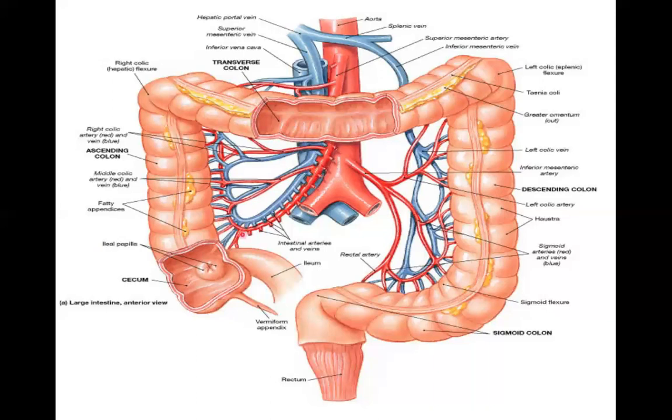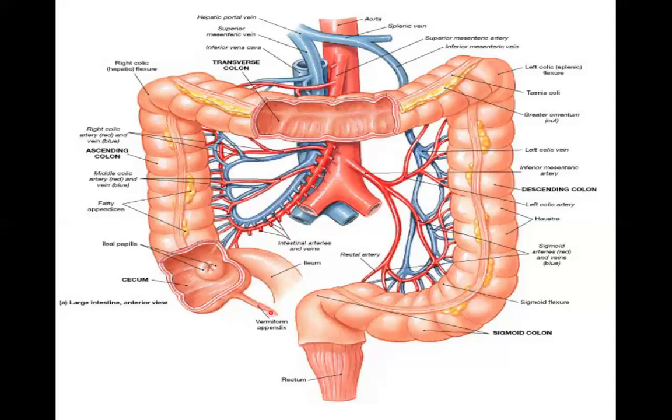So we return to the blood supply. As we said, the midgut will be supplied by the superior mesenteric artery, and as I said, the ileocolic, middle colic and right colic. The ileocolic will send cecal branches, anterior and posterior, and from the cecal branches arises the appendicular artery.